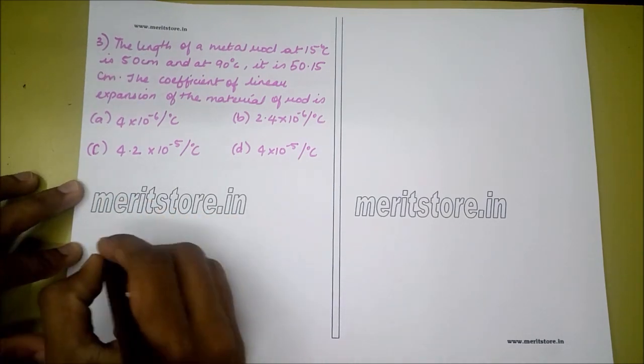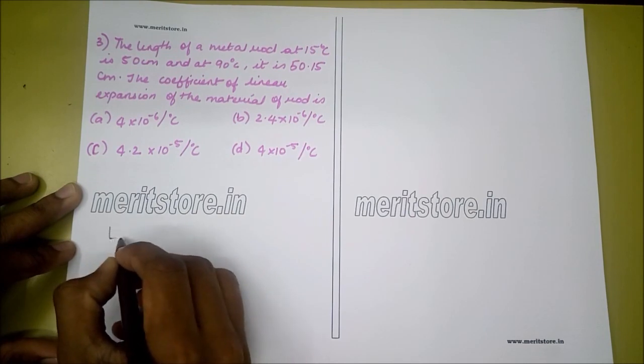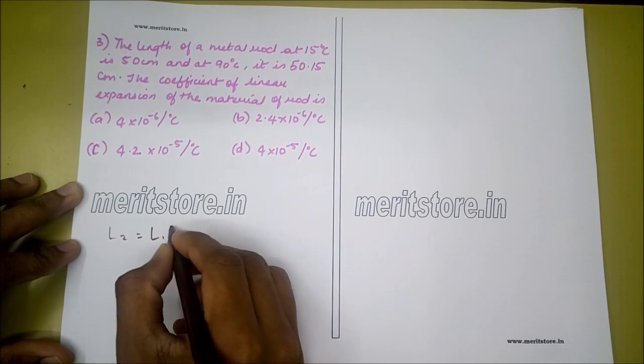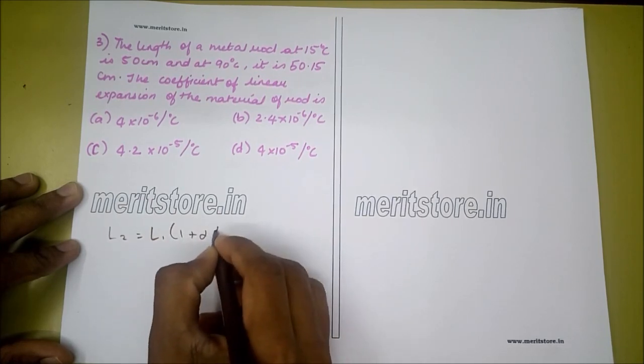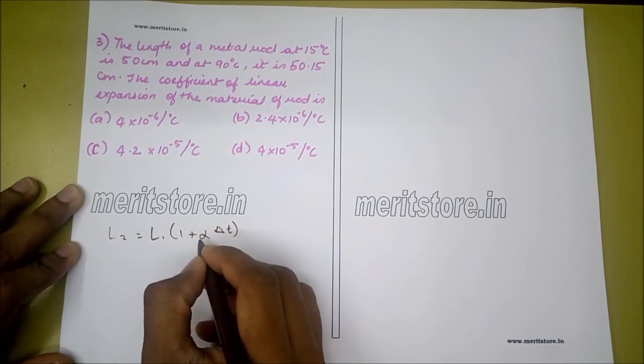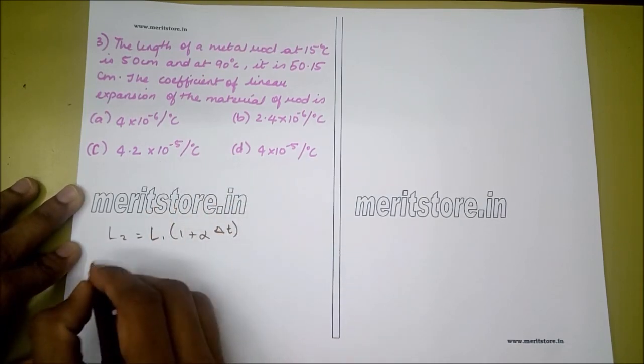Now for linear expansion, we know the formula: final length L2 is equal to L1, that is the initial length, times (1 plus alpha into delta T), where delta T is nothing but the change in temperature and alpha is the coefficient of linear expansion.